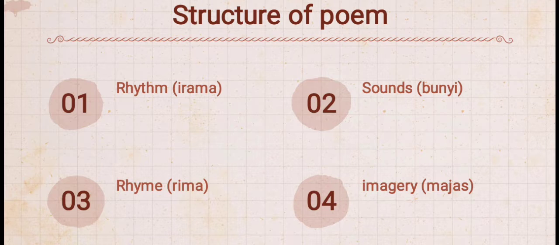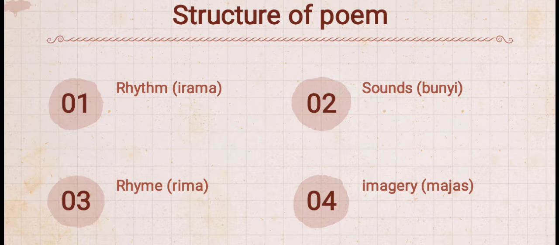Tactile appeals to the sense of touch by describing how something physically feels, such as its temperature, texture, or other sensation. Olfactory appeals to the sense of smell by describing something's fragrance or odor.